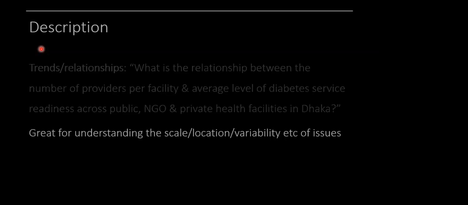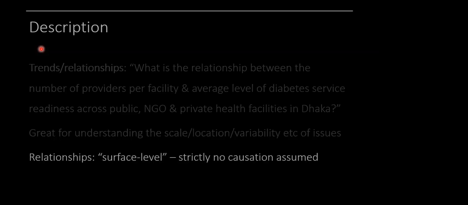So descriptive questions are really useful for understanding the scale of a problem, the location of a problem, variability. So, like we looked at there, how it differs between different groups. So really useful, and often I think underappreciated to some extent. But the key point here is that we're just talking about surface level relationships.